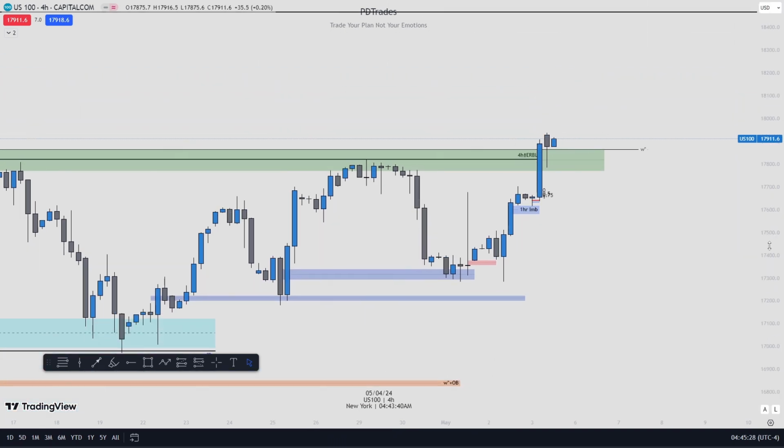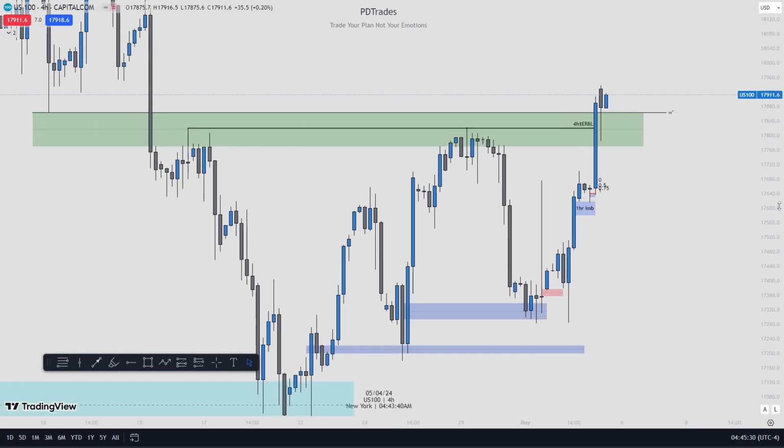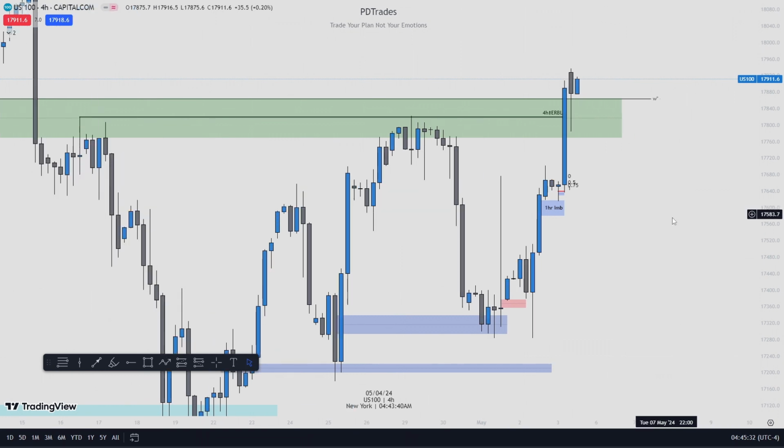This is what I like to call a market maker buy model. There was an accumulation of orders here, and it made relative equal highs here. So there's liquidity resting above here, because there are people who are selling.